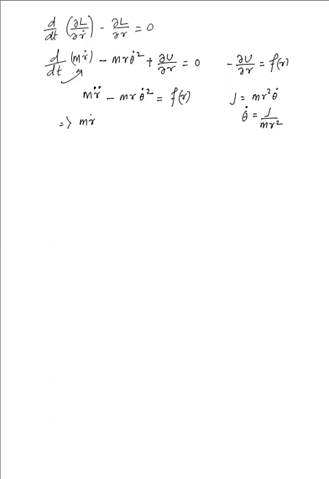So m r double dot minus m r times J divided by m r squared, whole squared, because that is a square term, is f of r. One of the m's gets cancelled and one of the r's gets cancelled, so we are left with J square divided by m r cube, and that is equal to f of r.